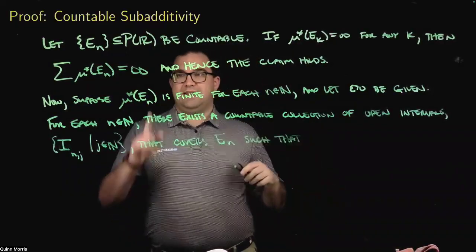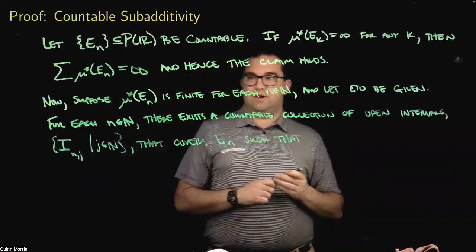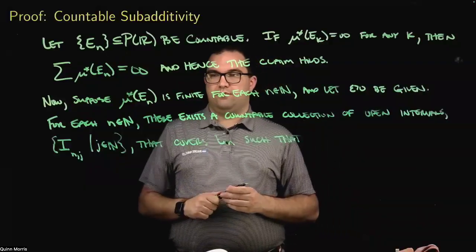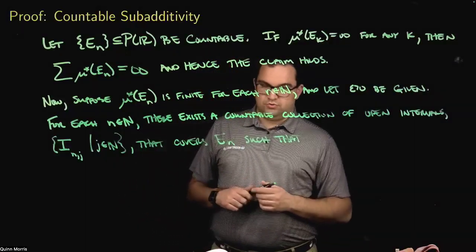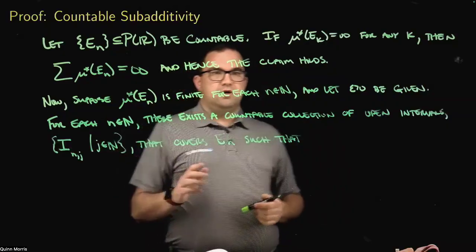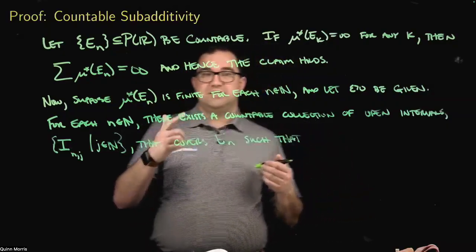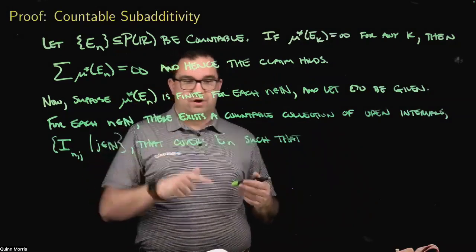Since each of the E_n's has some outer measure, I should be able to choose this open cover so that the sum of the lengths of the open cover is as close as I would like to the outer measure of E_n.